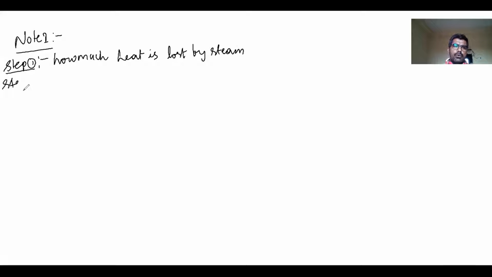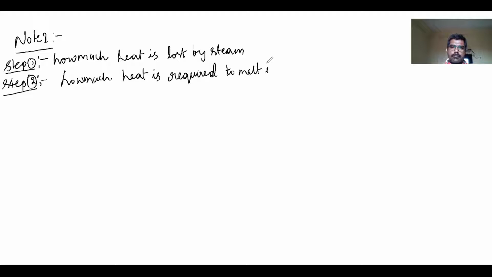And in step 2, you should calculate how much heat is required to melt ice. So how much heat is lost by the steam? First you should calculate, that is Q lost by the steam, and how much heat is required to melt the ice, that is Qi.